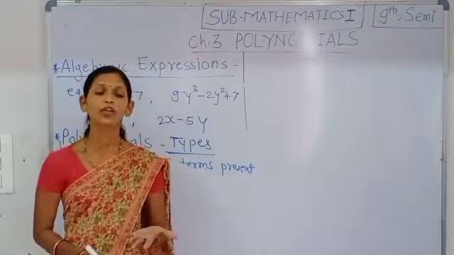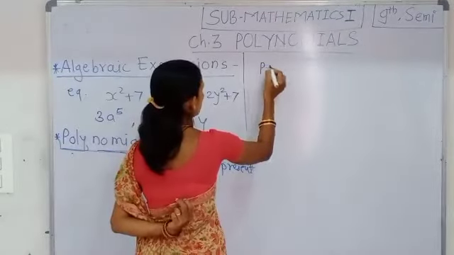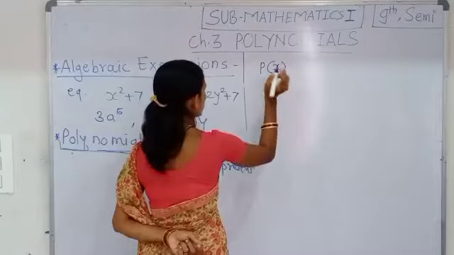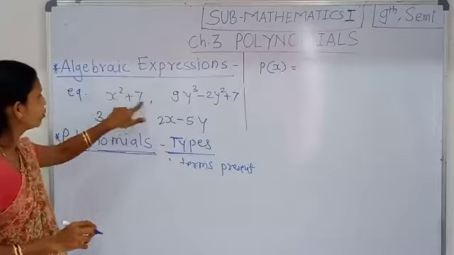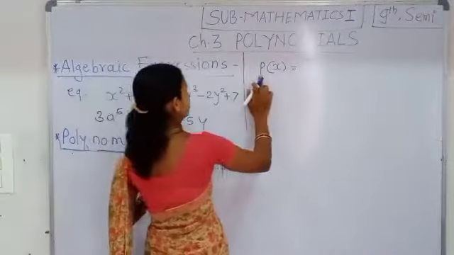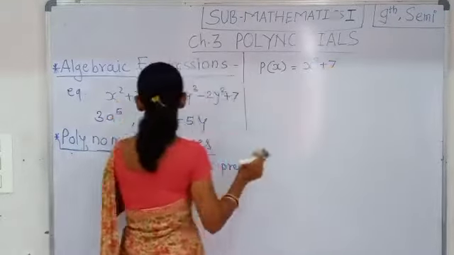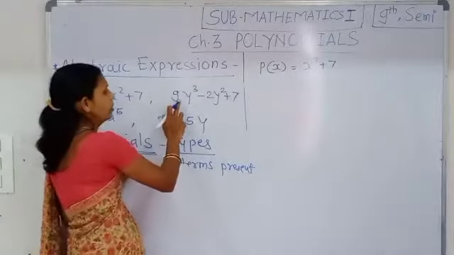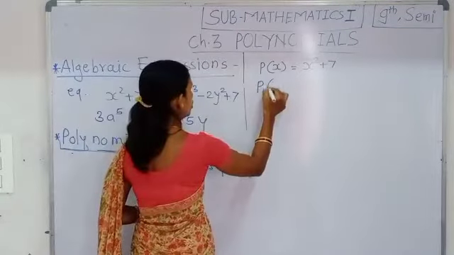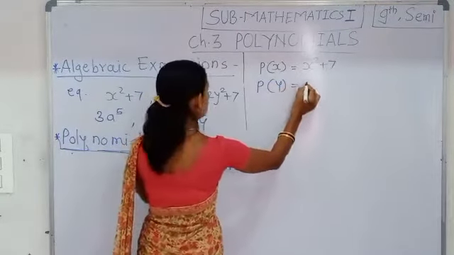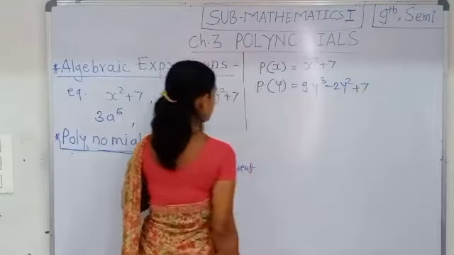Then those polynomials can be denoted by p(x). For example, p(x) is equal to x square plus 7, a binomial or polynomial in the variable x. As well as 9y cube minus 2y square plus 7 is a polynomial in the variable y.